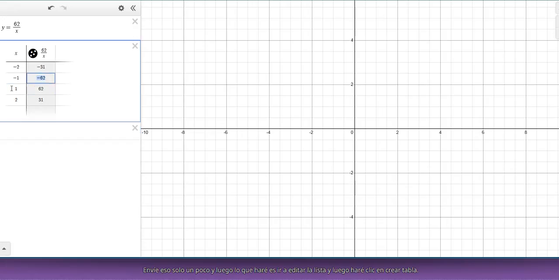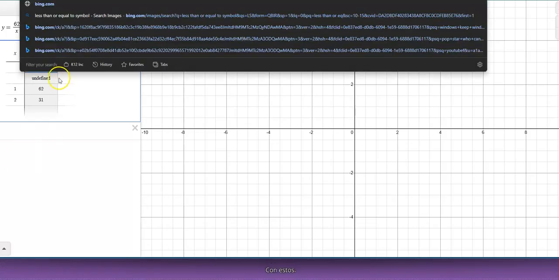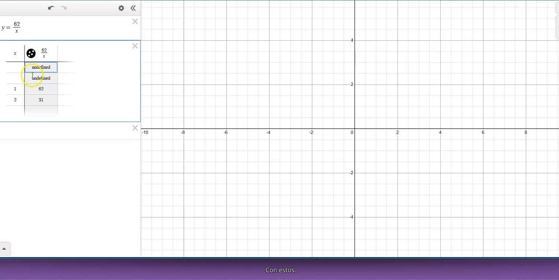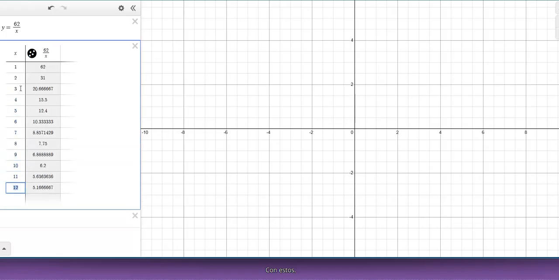So let's delete it. And what we're going to look for is positive whole numbers. So we're going to delete these. Okay, so we want any positive whole numbers in our y column.